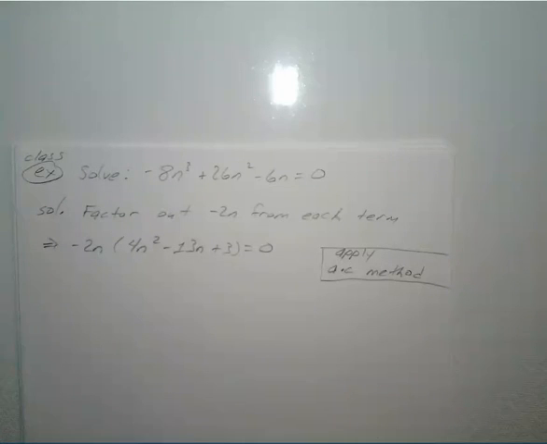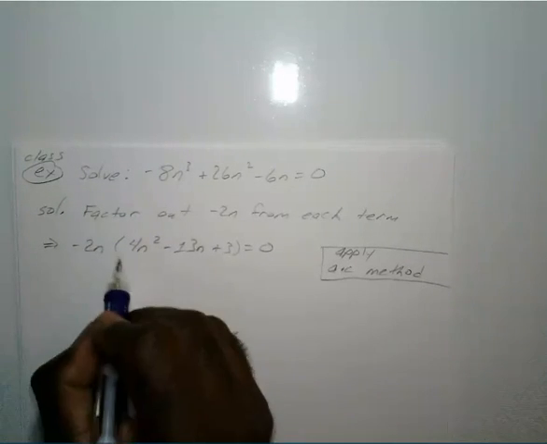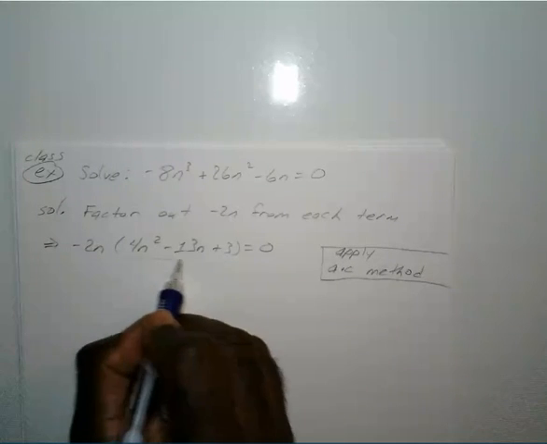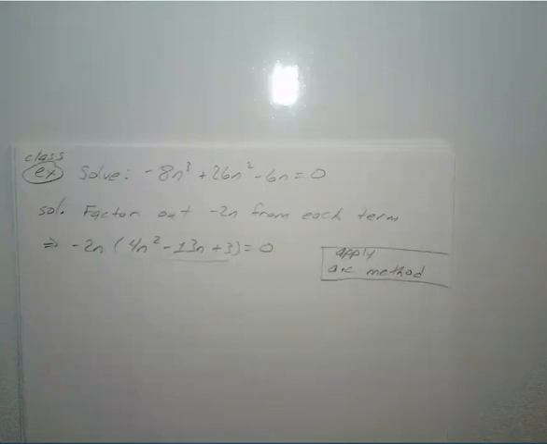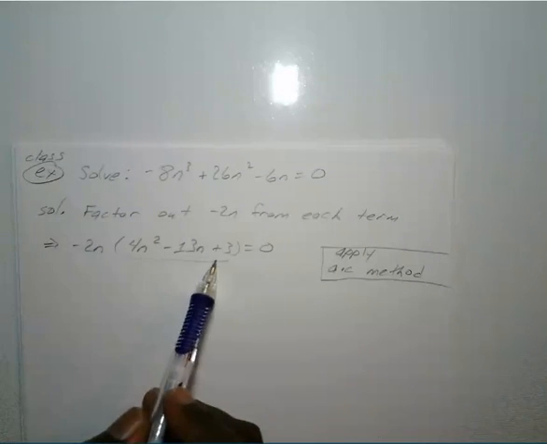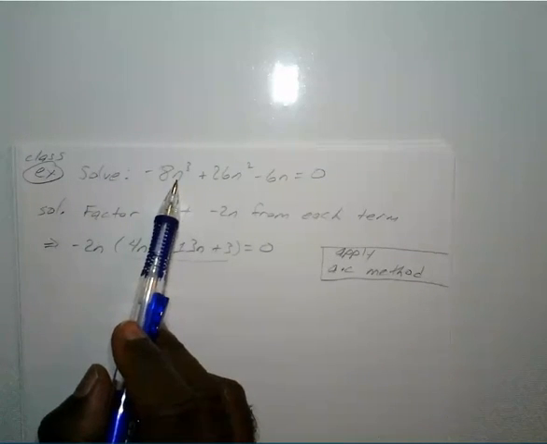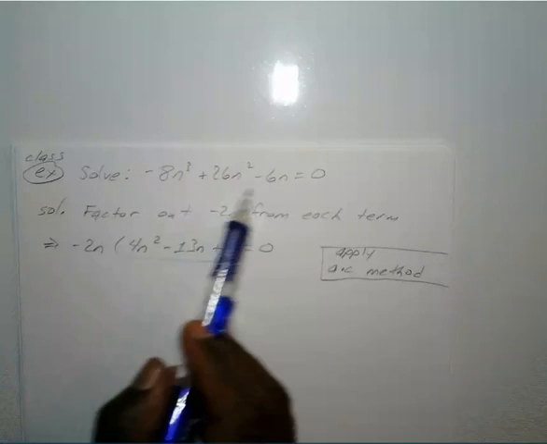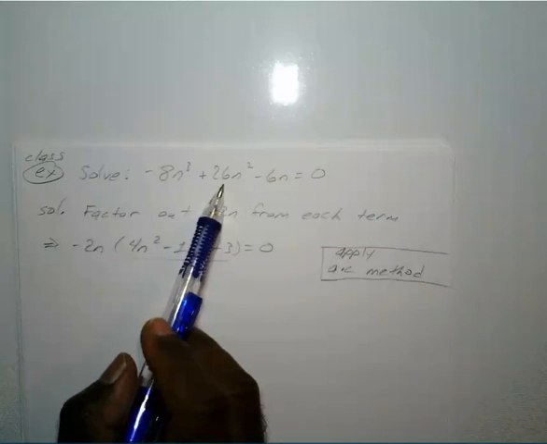It's a little more work, but it's no biggie. We apply it just to this portion here. We don't have to apply it to the factored out part. Now, we could have applied it if we just factored out the n, but that would make it a very large problem because your b would now equal 26.